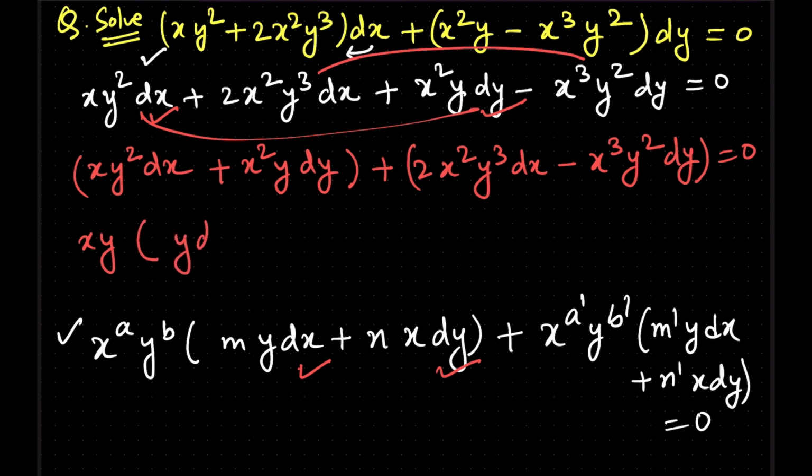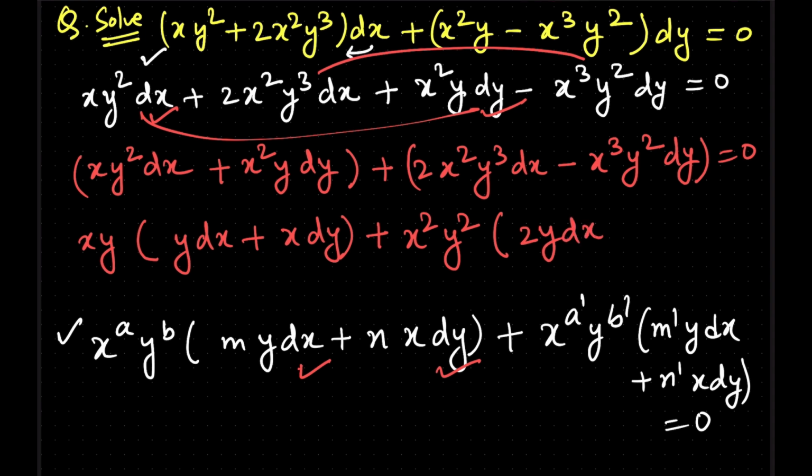Here xy is common: xy (y dx plus x dy) plus, here you can bring out x square y square as common, so inside you will get (2y dx minus x dy) is equal to 0.